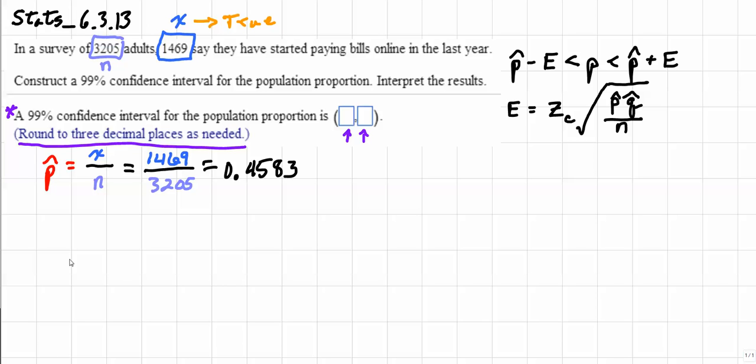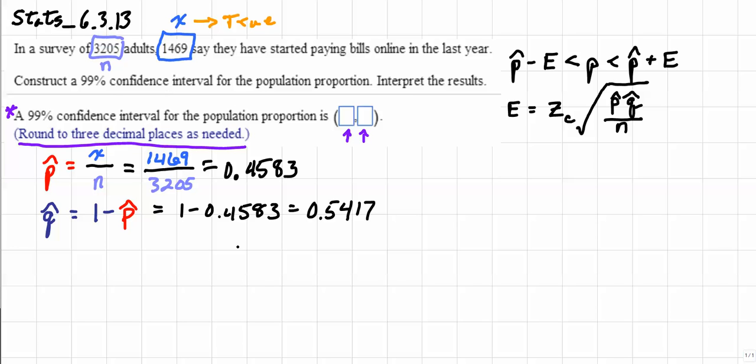Now we need to find q hat, which is simply equal to 1 minus p hat, so 1 minus 0.4583, which is equal to 0.5417.